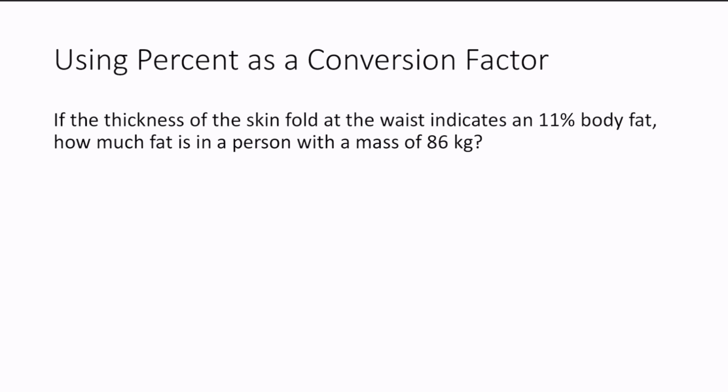This is a great example of a problem that provides you with two numbers. So I need to figure out which one of these numbers is a given and which one of these numbers is a conversion factor. And I think the best way to do that is write out the numbers with their units.